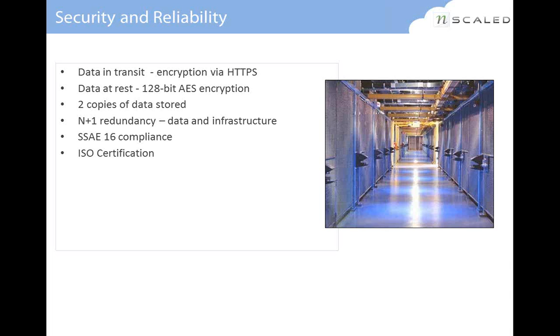In terms of security and reliability, we really try to do as much as possible to protect data. So one of the things that we're doing is we're encrypting the data in an HTTPS packet, and that's going to be encrypted in transit. We are encrypting the data at rest at our location, but we are not encrypting the data as we pull it out of your servers.